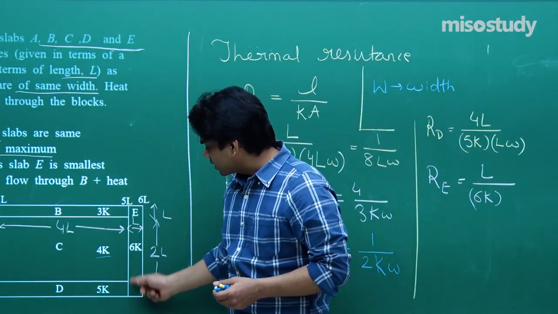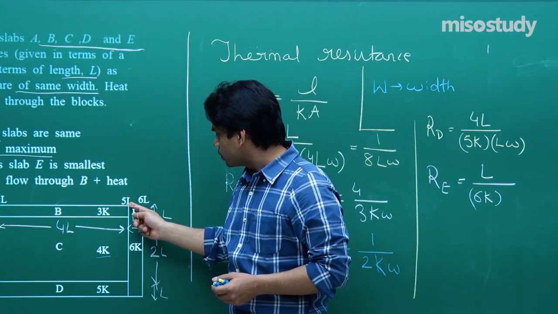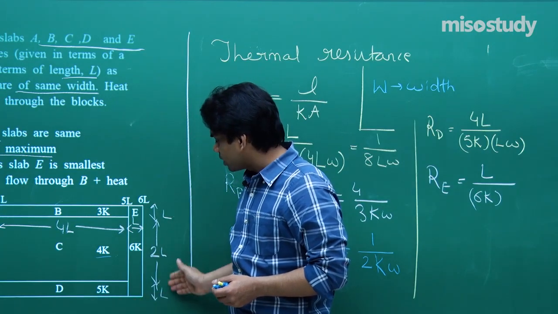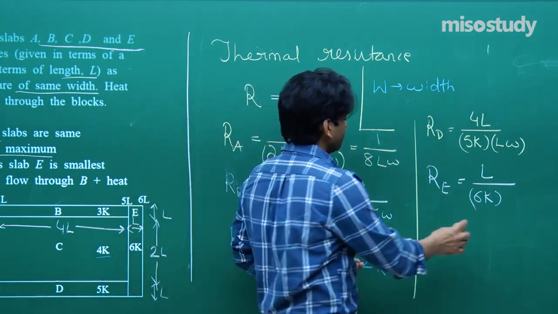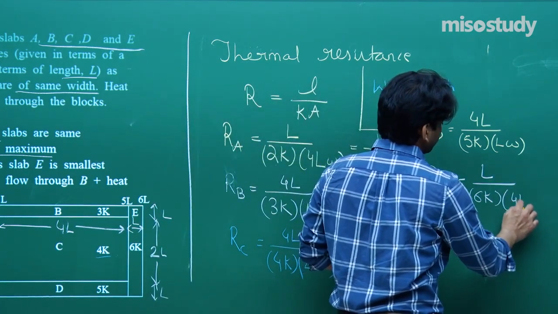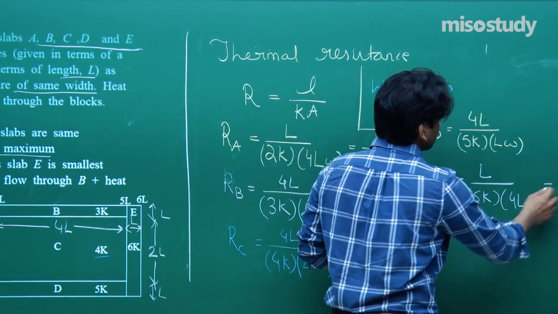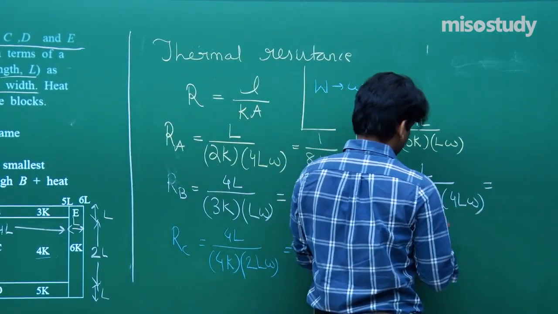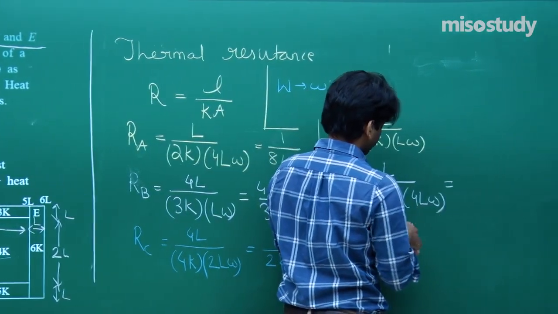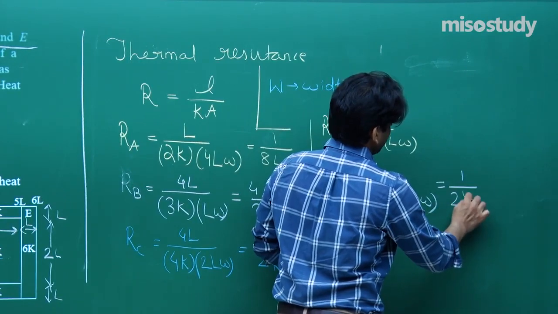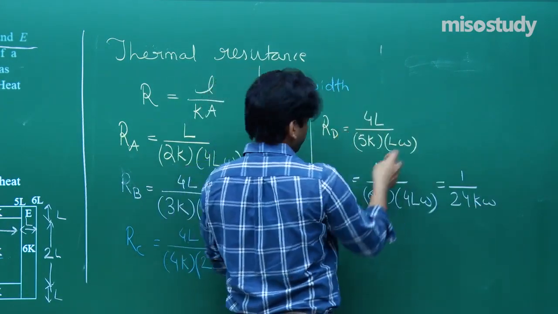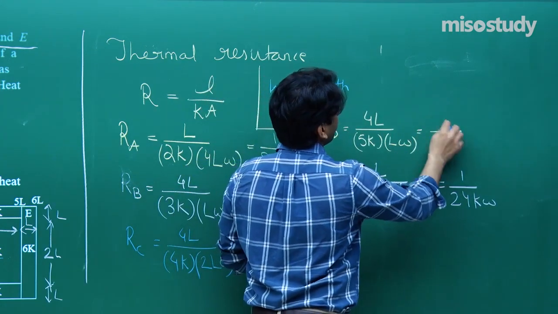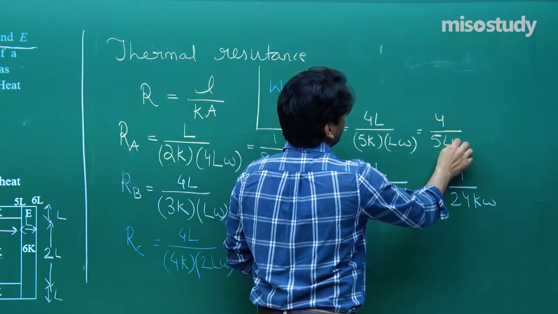This much length, from 0 to 1L, 2L, 3L, 4L. 4L multiplied by W, you will be getting this. This comes out to be 1 upon 24 kW. And here we have 4 upon 5, this you can write as 4 upon 5 kW.